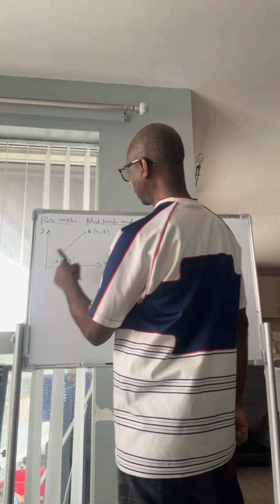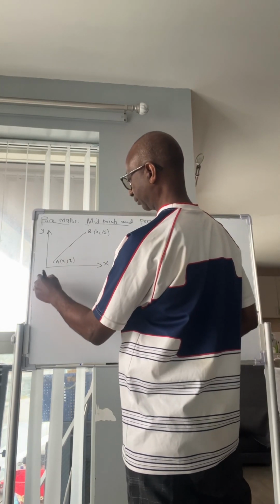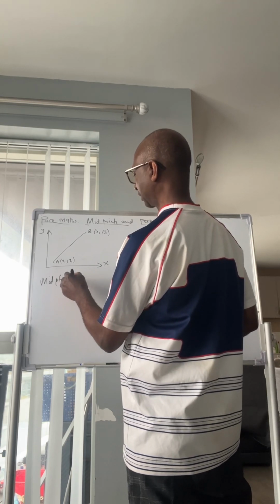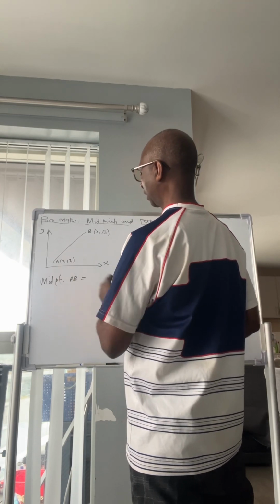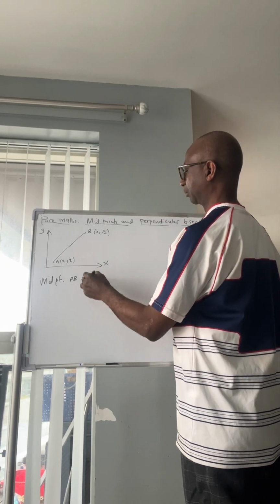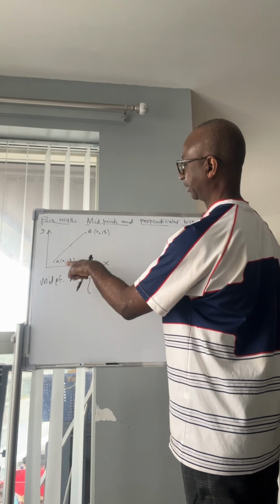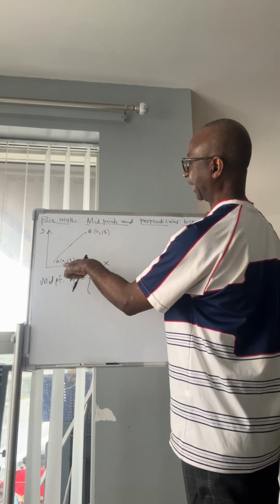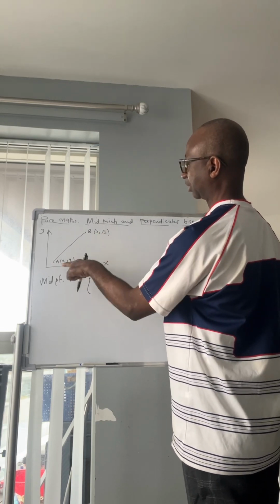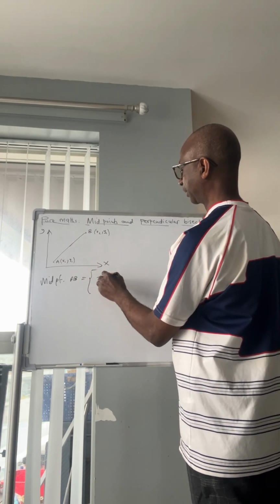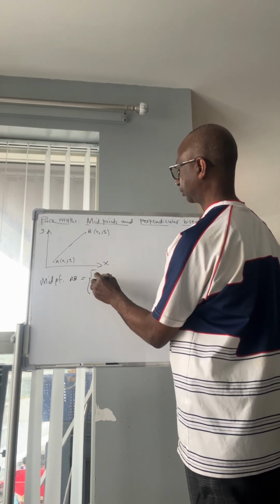If you now want to find the midpoint of AB, you will find the x ordinate, that is x1 plus x2 all over 2.